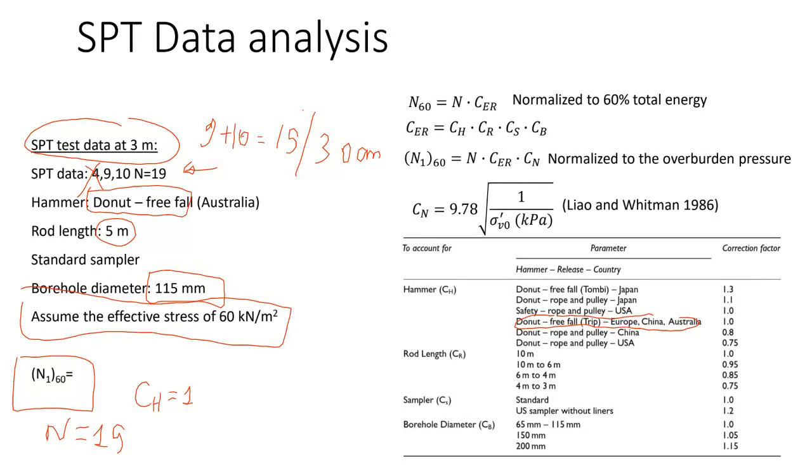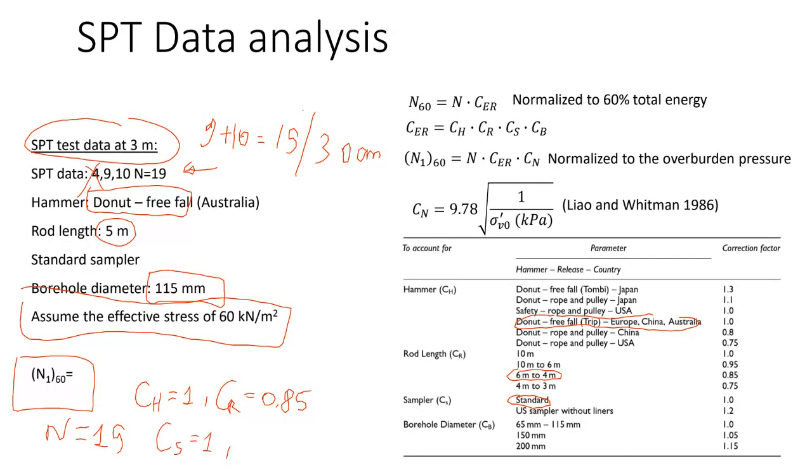Then rod length, it's given 5. Okay, so it's from 6 to 4. So in this case, the coefficient CR will be 0.85. Next one, sampler. We use a standard sampler to perform this test, so in this case, CS is 1.